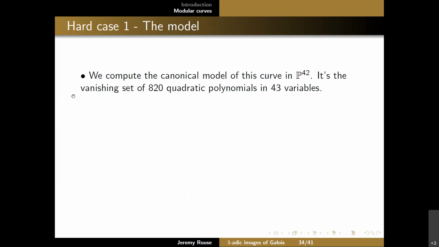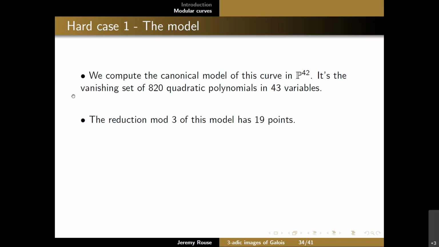This is not something you want to work with by hand. We want to figure out if this curve has 3-adic points or not. 3 is a natural prime to pick. If we take this model and reduce it mod 3, we actually get a scheme that has dimension 2, and this has 19 points in F3 on it.